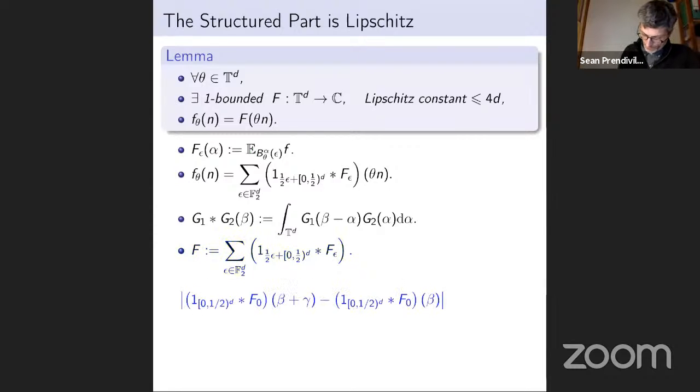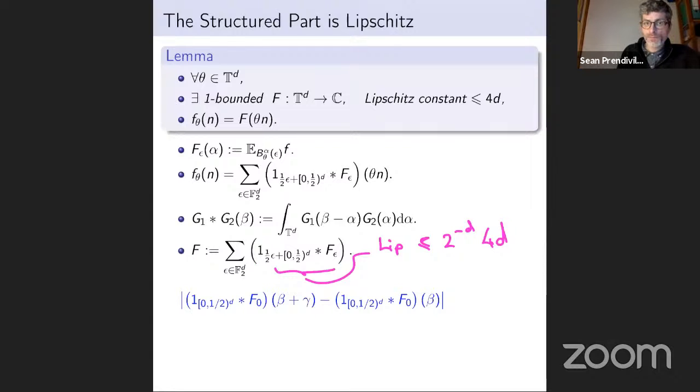So if I want to show that this function has Lipschitz constant at most 4d, by the triangle inequality, it suffices to verify that each of these individual summands has Lipschitz constant at most 2 to the minus d times 4 times d.